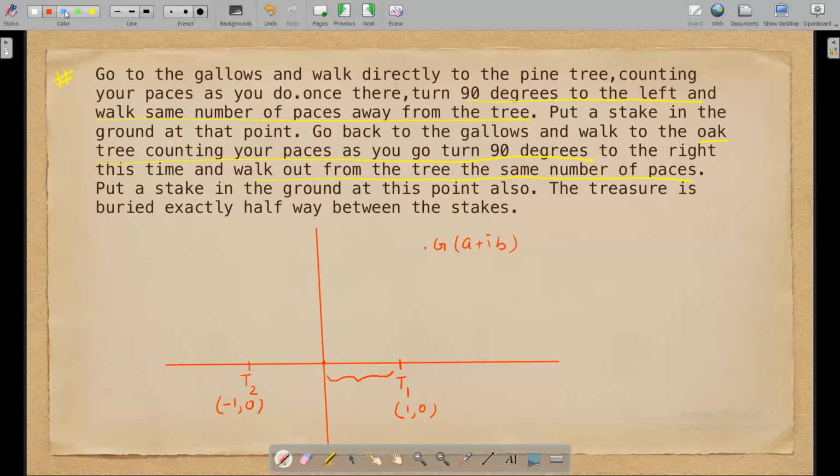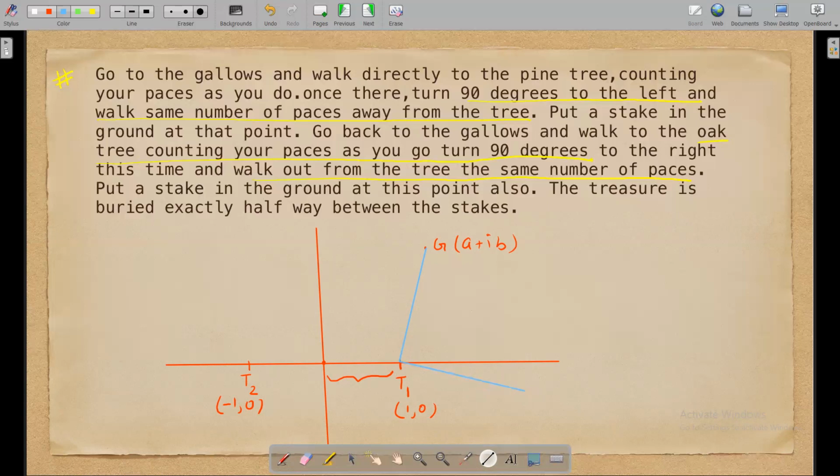Now let us start following the instructions. What we have to do to identify the exact position where the treasure is hidden. We have to start moving from the gallows towards the first tree, that is the pine tree. So we are moving toward the first tree, the T1, the pine tree. And from here, you have to take a left turn of 90 degrees and walk the equal number of steps.